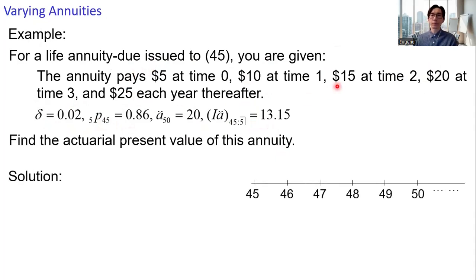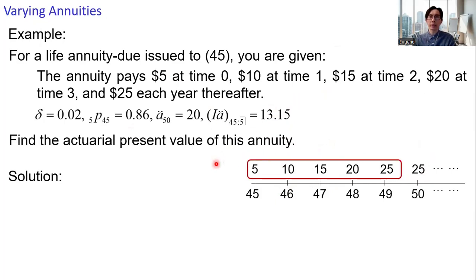Construct a time diagram. Starting at age 45, a payment of 5. And then at time 1, that corresponds to the individual reaching age 46, a payment of 10. And this is the payment stream. To get the actuarial present value of this annuity, we split the payment into 2 parts. The first part, from age 45 to age 49, is an increasing annuity due with payment multiple of 5.